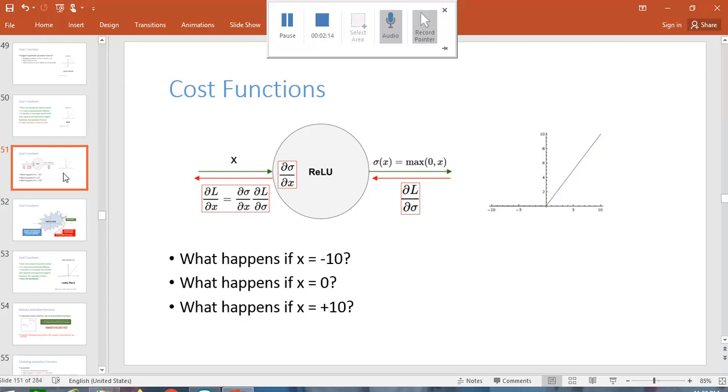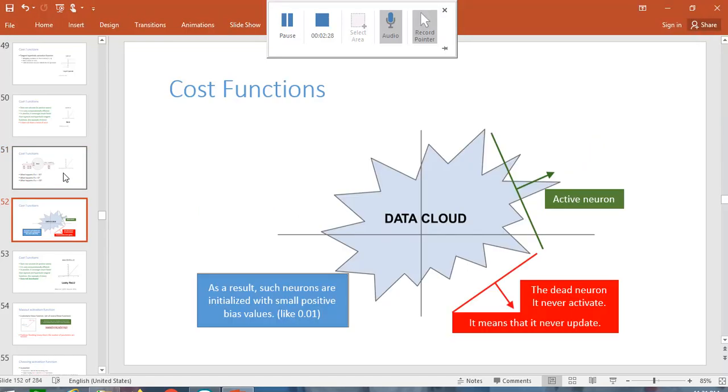Of course, this is not a very serious problem because it rarely happens that the input of this function is exactly 0. And if it happens, you can use the left and the right subgradients. But the problem of the function is significant in the negative region, although it performs very well in positive areas.